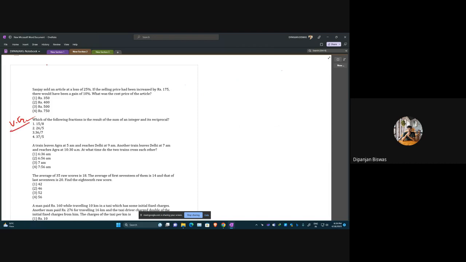So what is a reciprocal? If the given number is 5, the reciprocal is simply 1 divided by it. So 1 by 5 is the reciprocal. Again, if there was a ratio of 3 by 5, the reciprocal ratio should be 5 by 3. The numerator and the denominator are reversed to find the reciprocal.